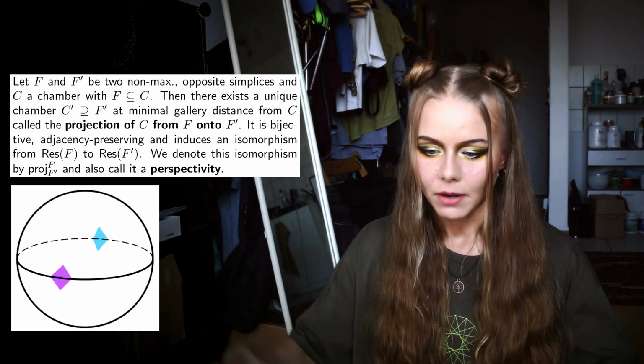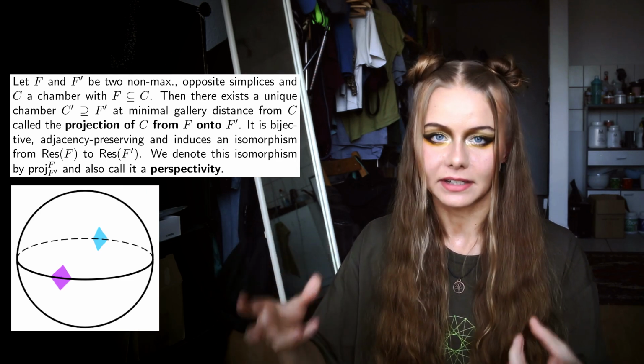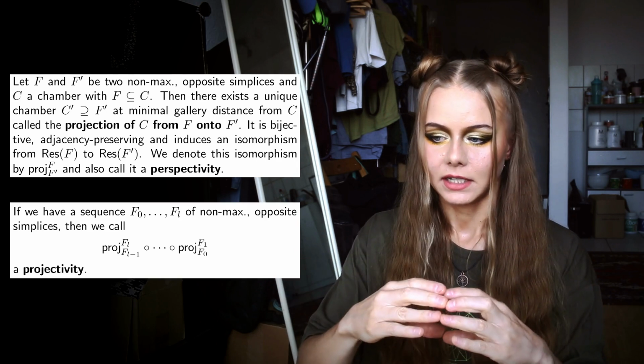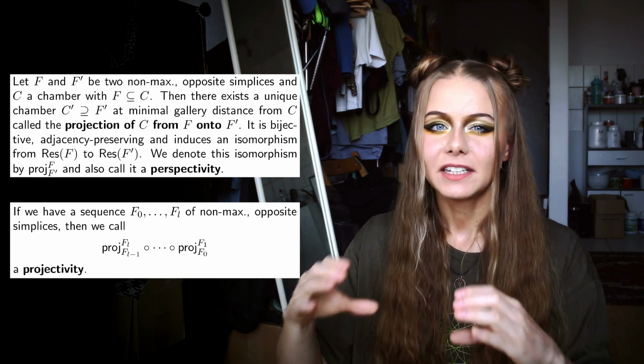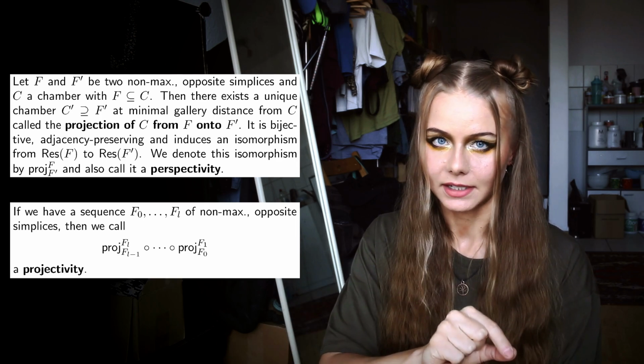If we look at the composition of several perspectivities, then we call it a projectivity. If a projectivity is the product of an even number of perspectivities, then we call it an even projectivity.